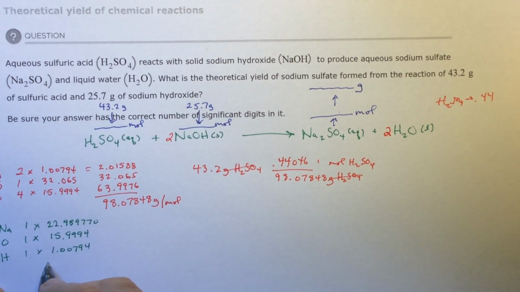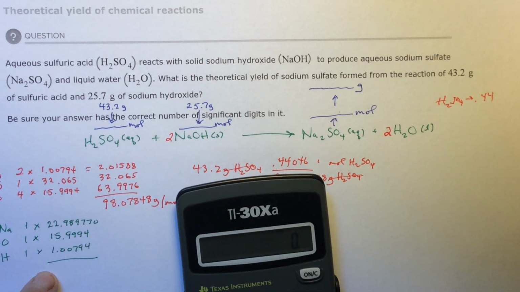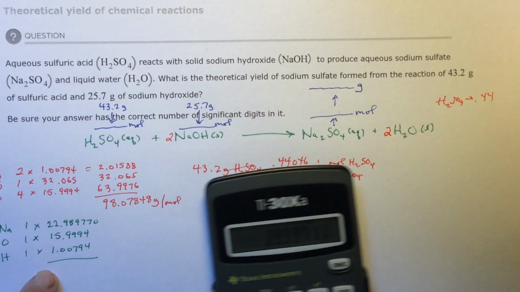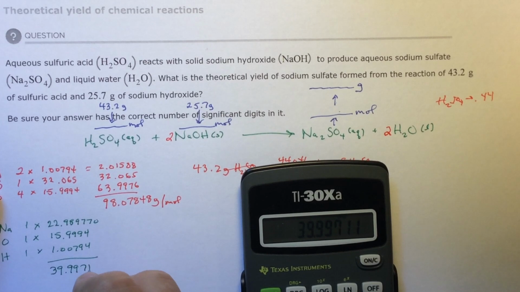Okay, all of those are just ones, so I'm going to add those up. 22.98977 plus 15.9994 plus 1.00794. I have 39.99711 grams per mole.